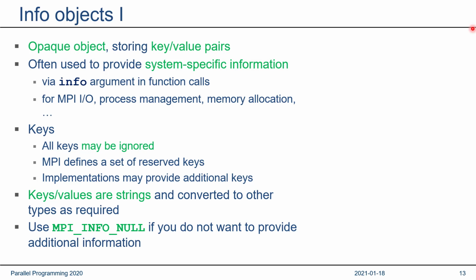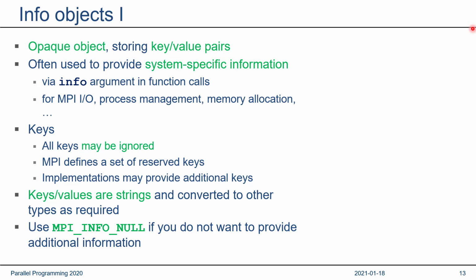So in the end, if you know the specifics of your system, it may lead to higher performance I/O. As I said, an info object contains key and value pairs, and all of those keys may be ignored. So you can specify an info object, you can set any parameter that you like, but the MPI implementation is still free to ignore anything you say here.